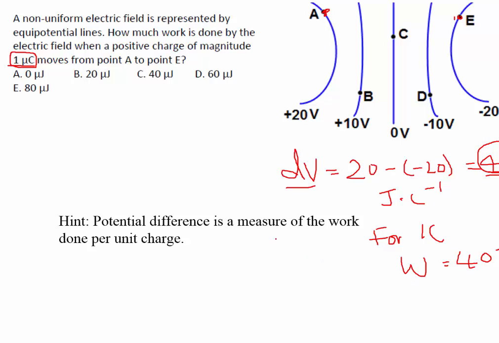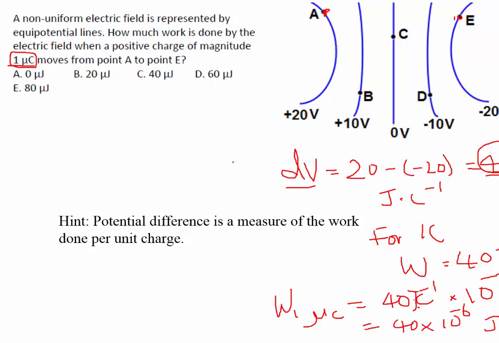Therefore, the work done when you move 1 microcoulomb, W, is the work done for 1 coulomb multiplied by the amount of charge, that is 1 microcoulomb, which is 10 to the negative 6 coulomb. So that is 40 joules per coulomb times 10 to the power of negative 6 coulombs. That will be 40 times 10 to the negative 6 joules, and that is 40 microjoules.